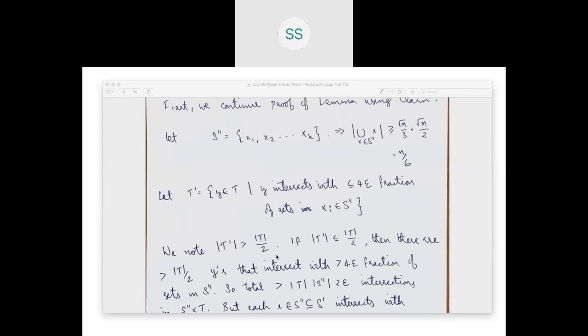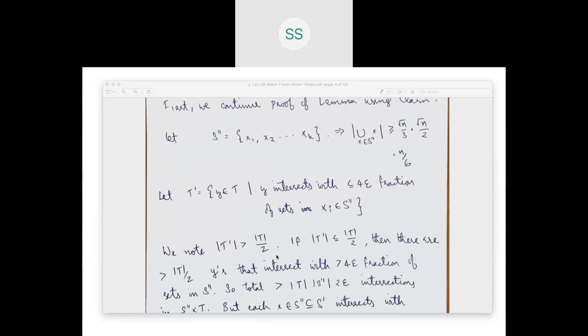Similar to the previous argument, we observe that the size of T prime is at least half the size of T. Why is that? Otherwise, at least T by 2 Y's intersect with greater than 4 epsilon fraction of the sets.